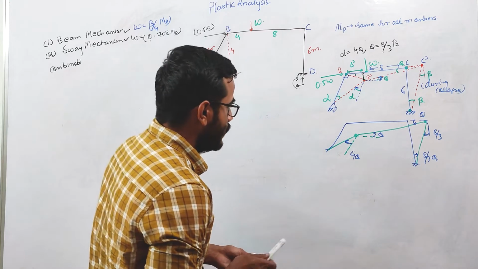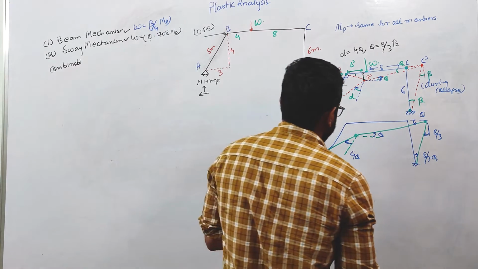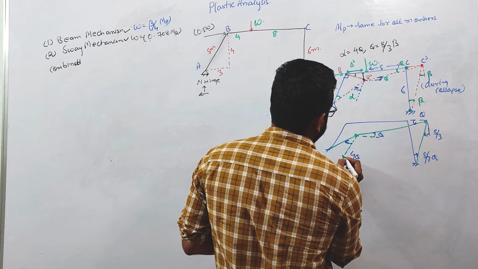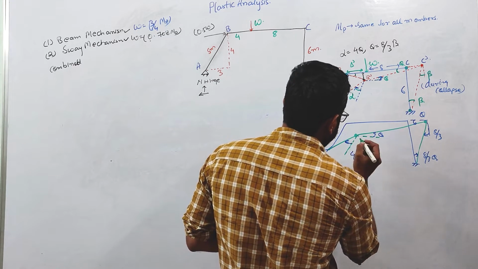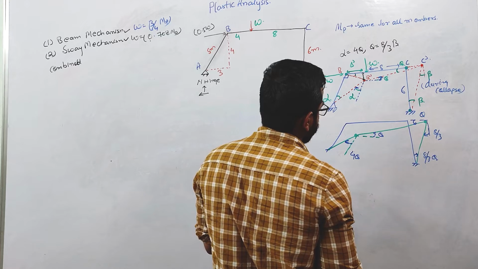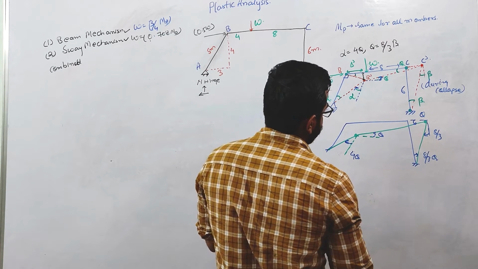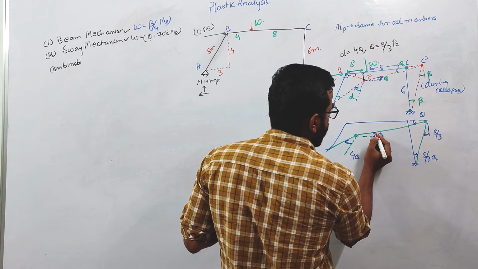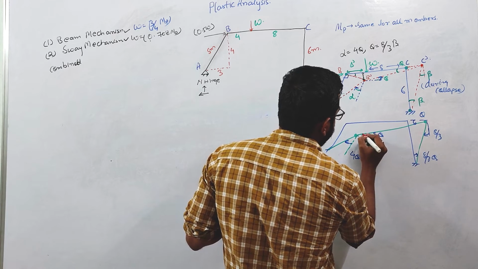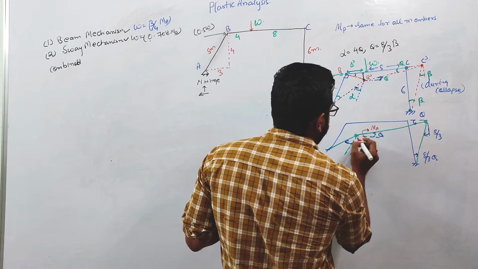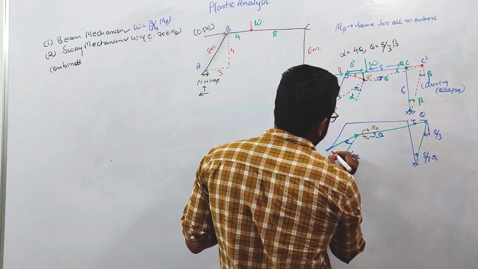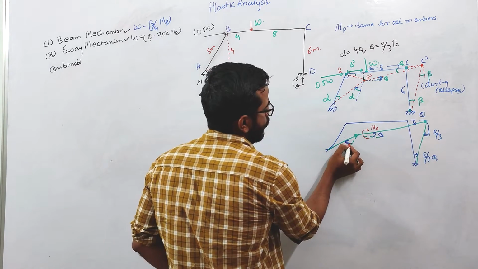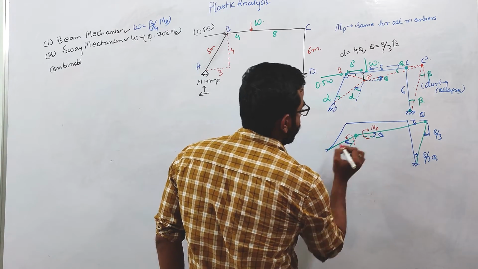So as I have already told you, the direction of the plastic moment for this portion, this theta is in which direction? Anti-clockwise direction. So the moment will be in clockwise direction. If for this AB member the rotation is in clockwise direction, the moment will be in anti-clockwise direction.